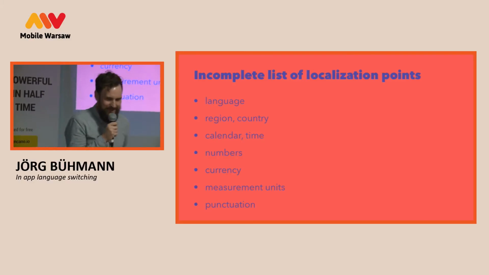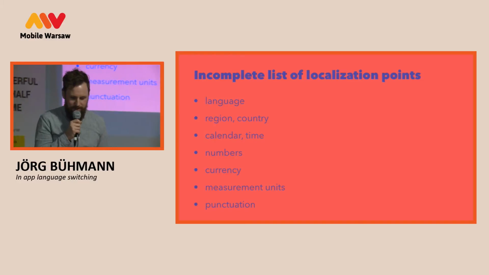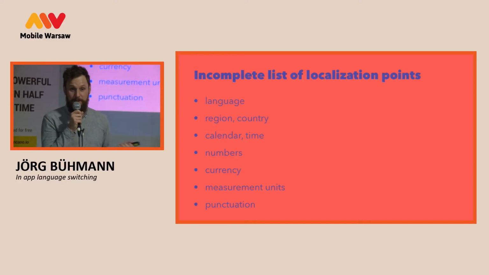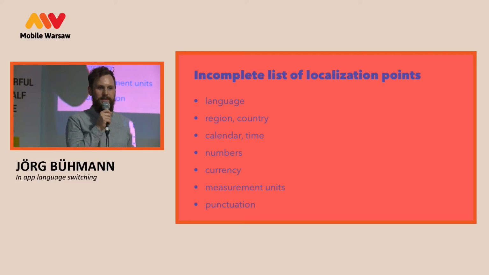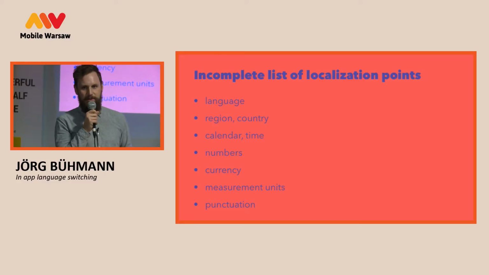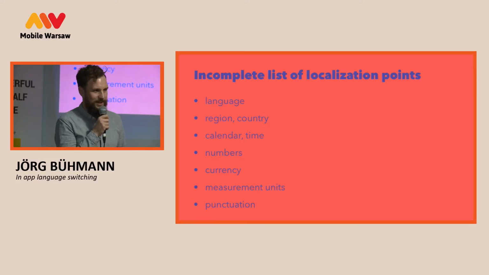So this is an incomplete list, just to recapitulate: language, region, country, which can be different. There are regions which are not countries, or there are regions which are not internationally recognized, but which you might want to have in your app. So Taiwan, for example, officially called the Republic of China, is not the People's Republic of China, and so on and so on.